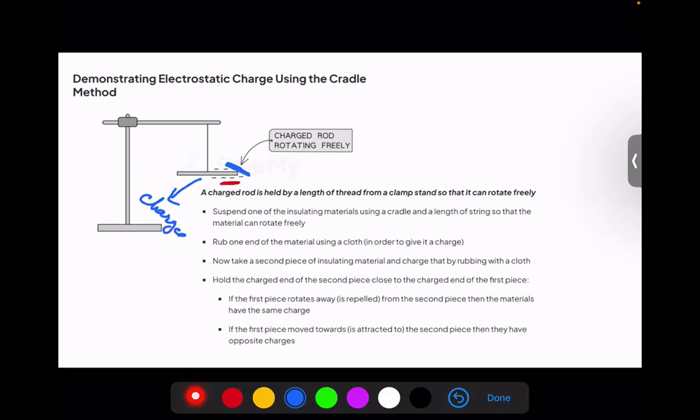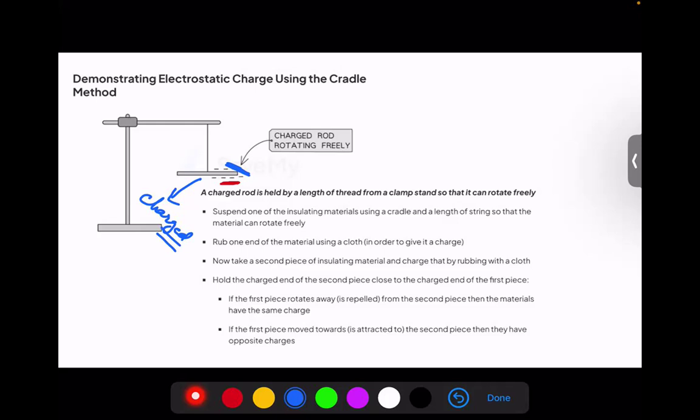Why does it become charged? Because electrons have been removed from it, or electrons are transferred to it. It could be either way around, it doesn't make any difference. When we rub it, a transfer of electrons happens, and now this rod could be positively or negatively charged, depending on which way the electrons were transferred.